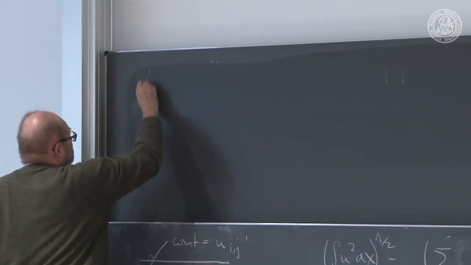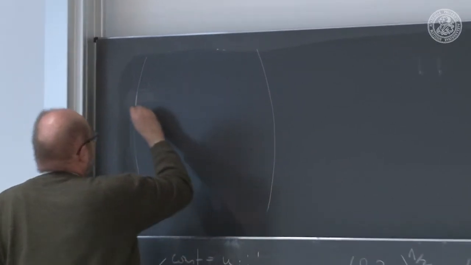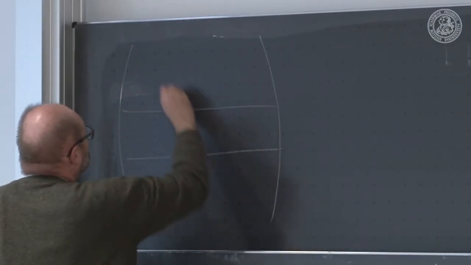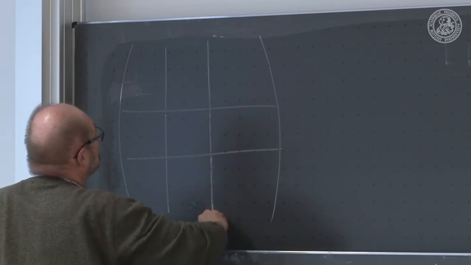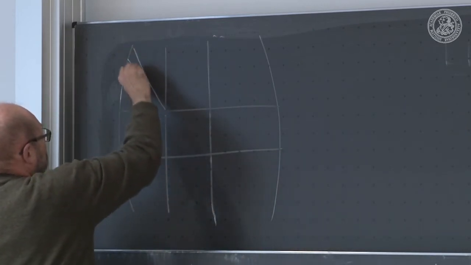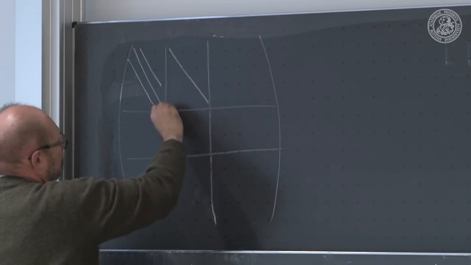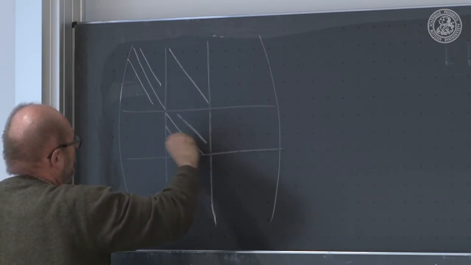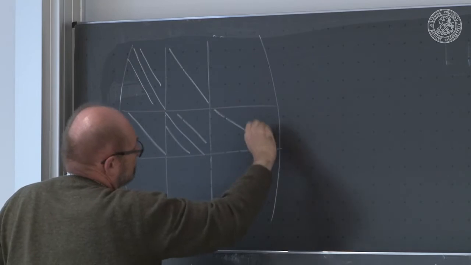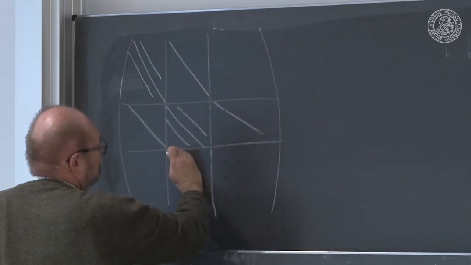So what we have till now is a block structure which looks like that. Here we have the diagonal, the tridiagonal, here the off-diagonal.